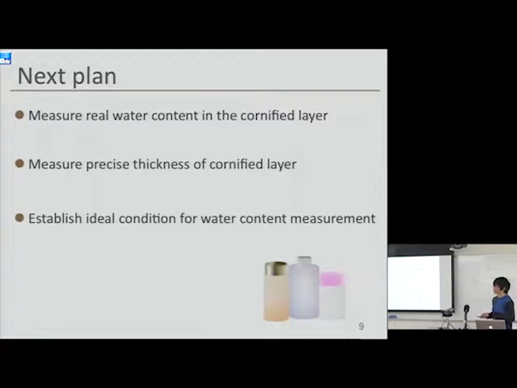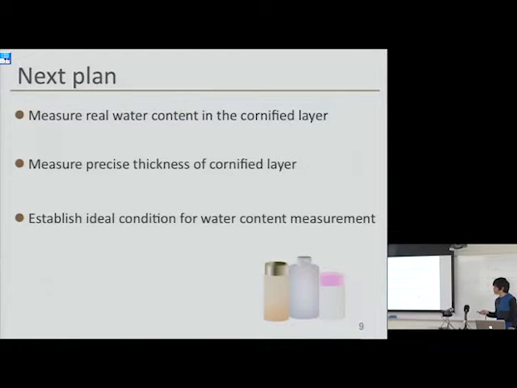To calculate the contribution rate, I need to know the precise thickness of the cornified layer, so I will measure it. Also, if the position where I put the epidermal tissue on the prism is different, or if there is air between the prism and the epidermal tissue, the result will change.